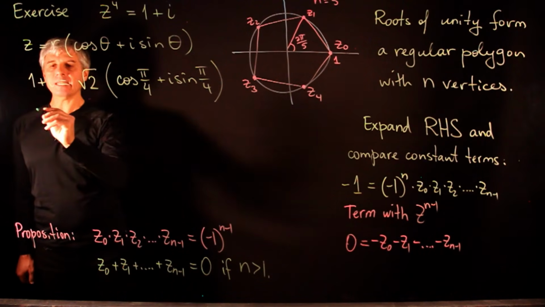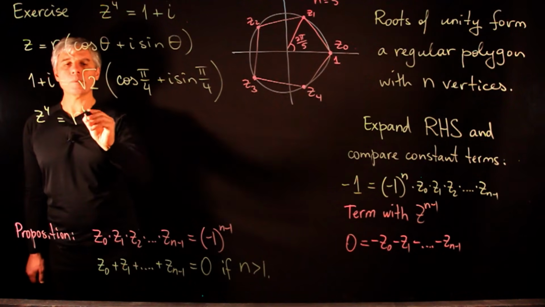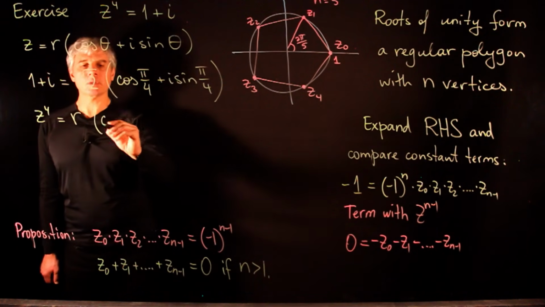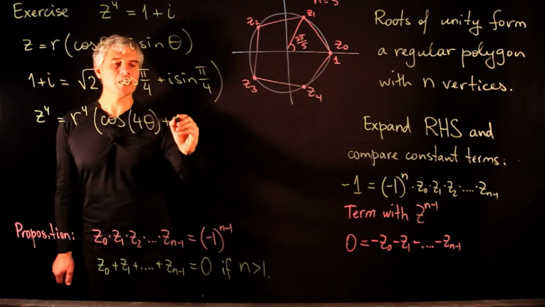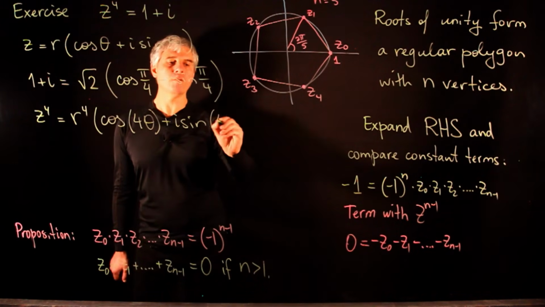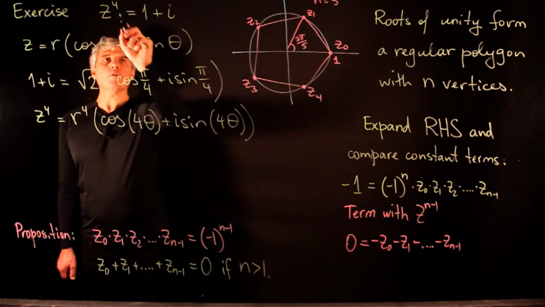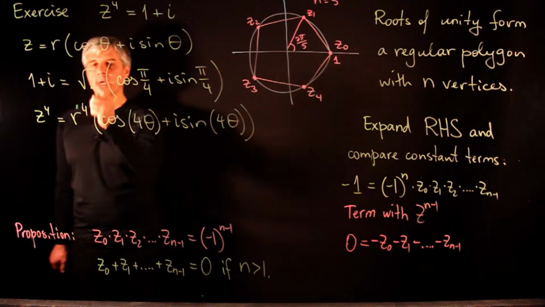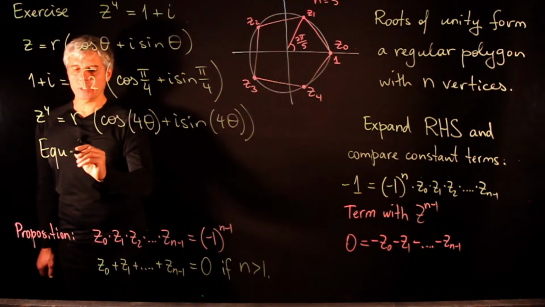Then z to the power 4 is equal to r to the power 4 times cos of 4 theta plus i sine of 4 theta. And since z to the power 4 is equal to 1 plus i, we're going to equate norms and arguments.